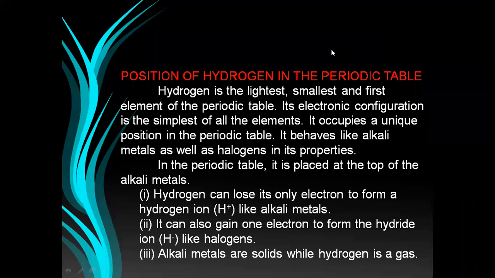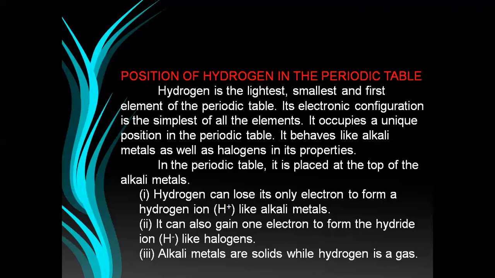If hydrogen loses one electron, it forms the hydrogen ion. So if hydrogen loses one electron, what does it form? Hydrogen ion, which is like alkali metals. Next, if hydrogen gains one electron, it forms the hydride ion, like halogens. So it behaves like alkali metals as well as halogens in properties.